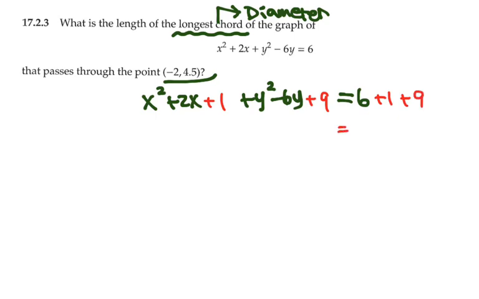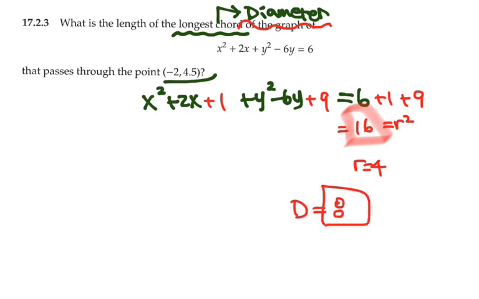Even though I can find the center, what I'm concerned about is the length of the diameter, meaning I need to find the radius. I know that one side is equal to 16, so the radius is equal to 4. That means the diameter must be equal to 8. And that becomes our final answer.